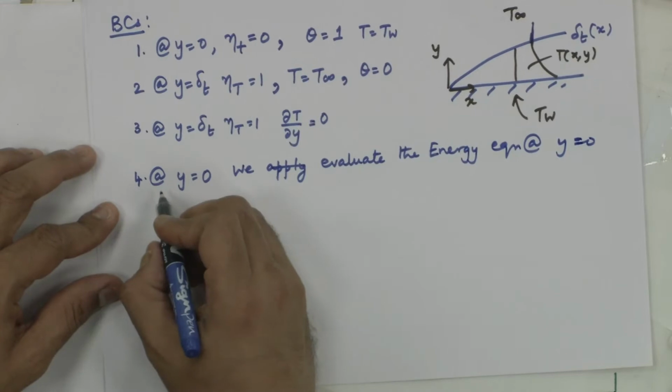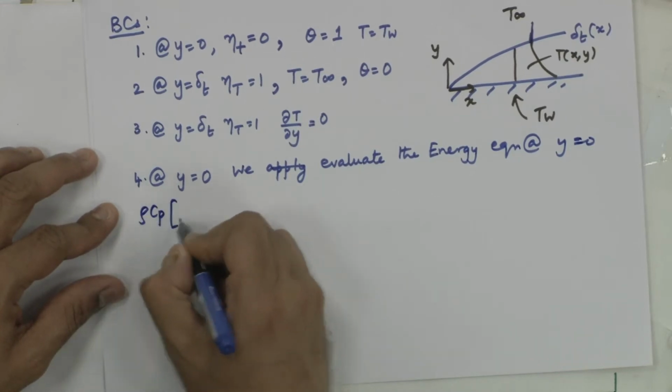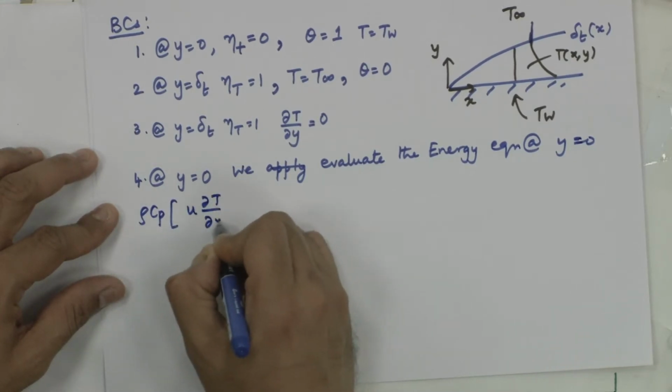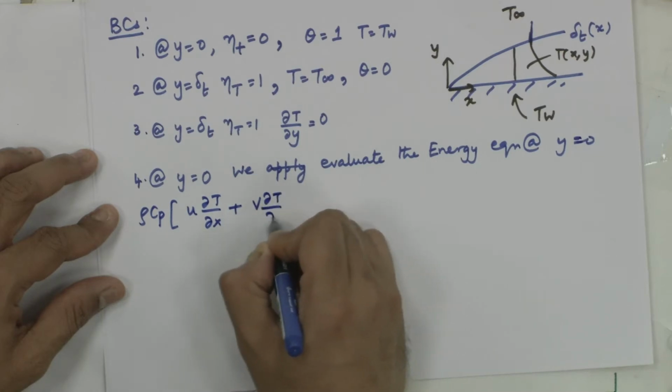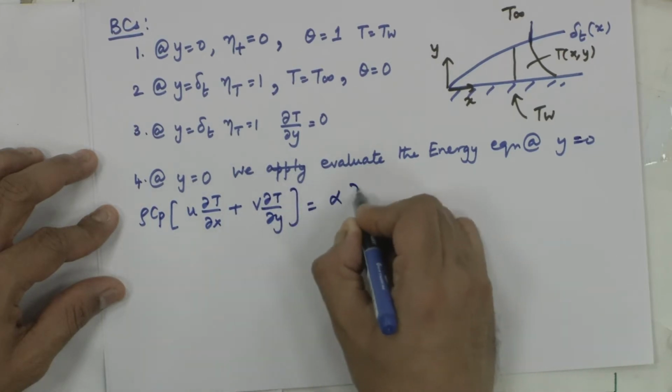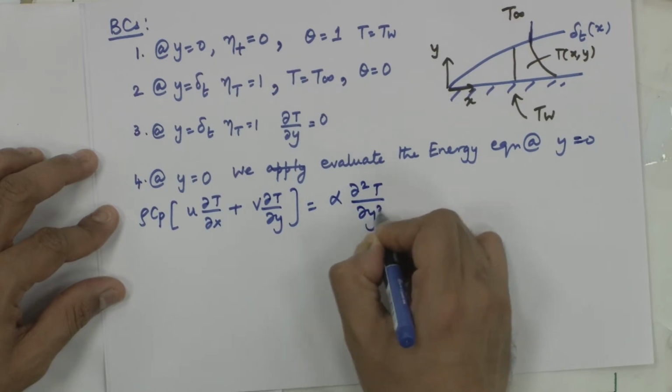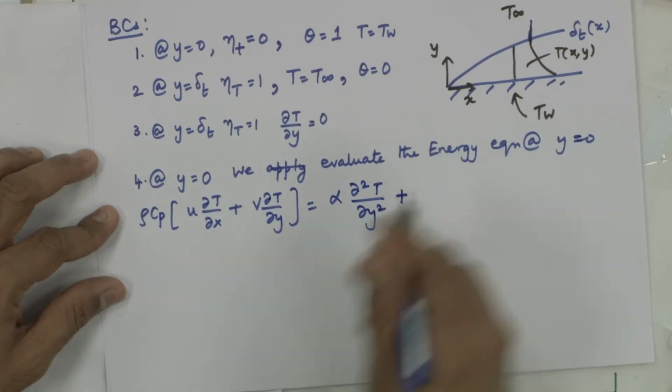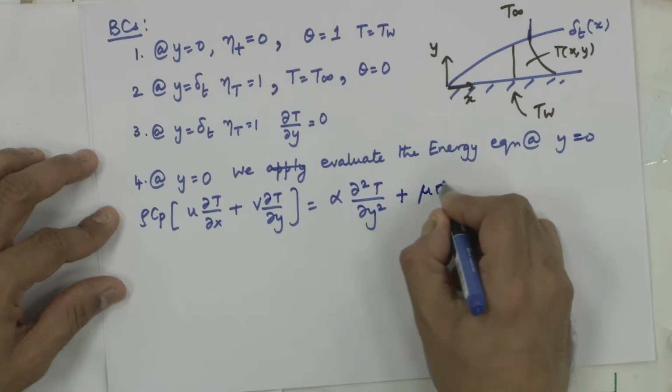What does that mean? I would write rho Cp (u dT by dx plus v dT by dy) is equal to alpha d squared T by dy squared plus the viscous dissipation term, which is dropping off. So, this is gone.